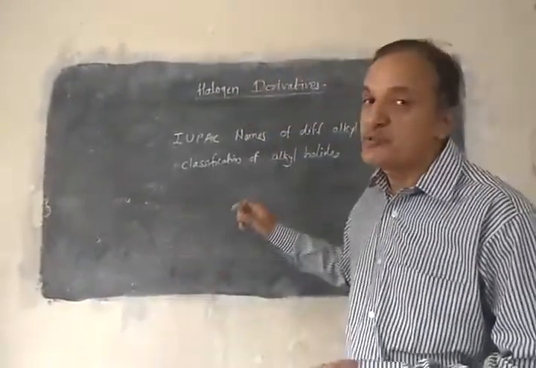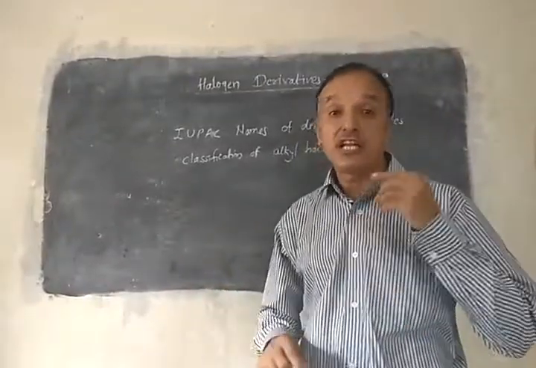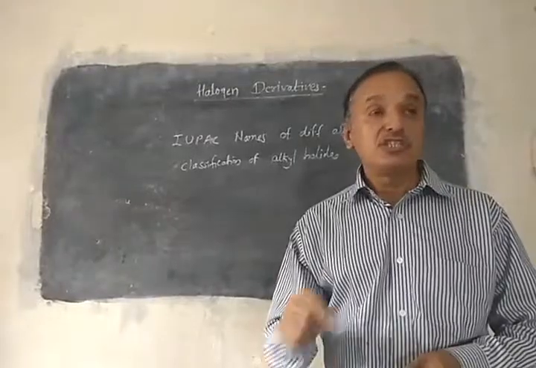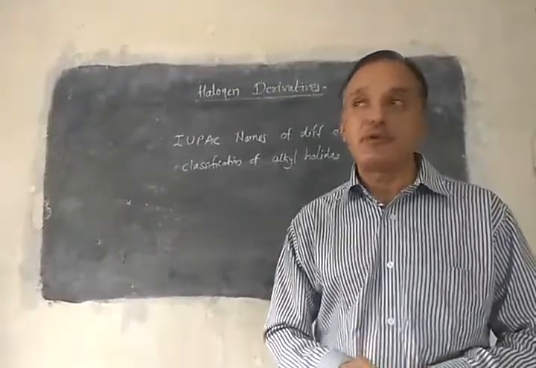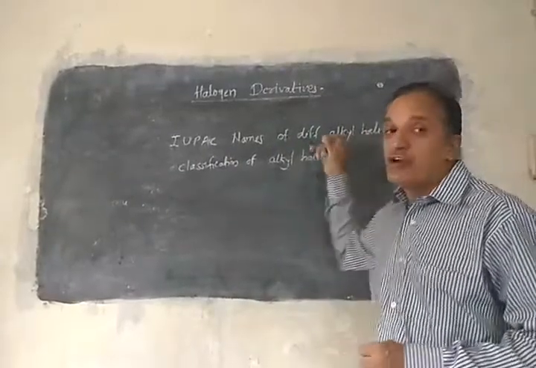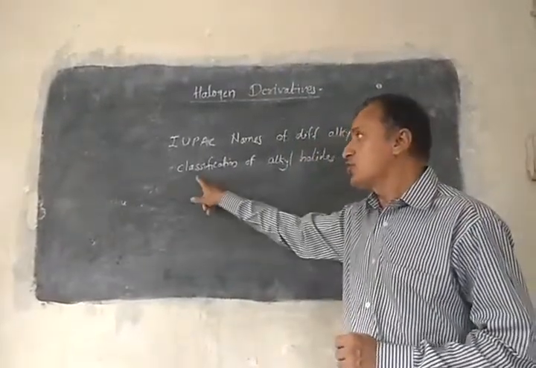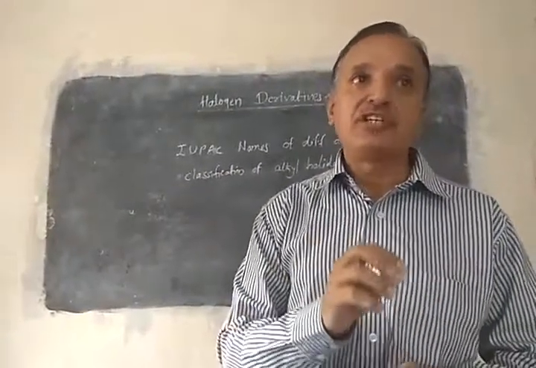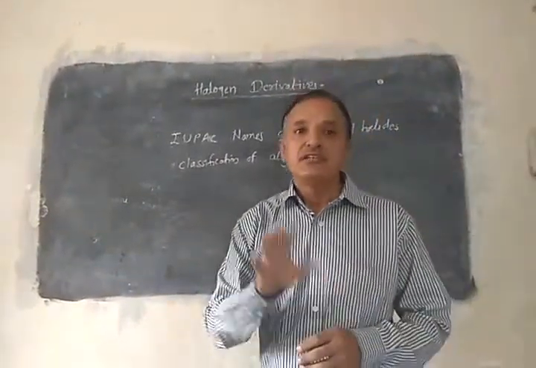Write those IUPAC names from last year's 11th standard textbook as well as this year's 12th standard book. One more thing, make a note on the classification of these compounds.